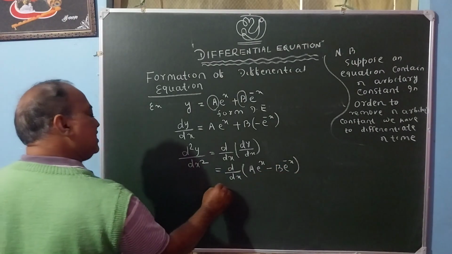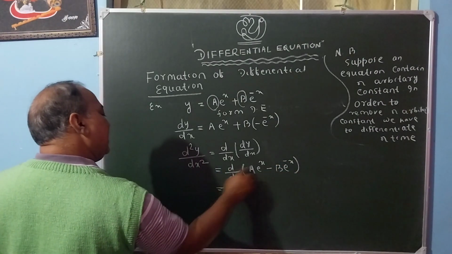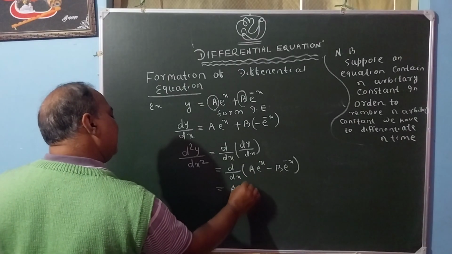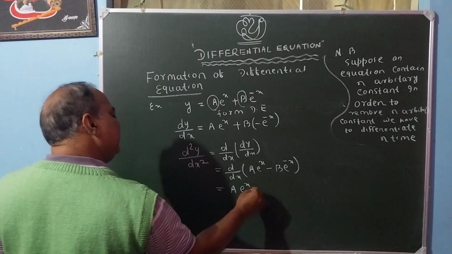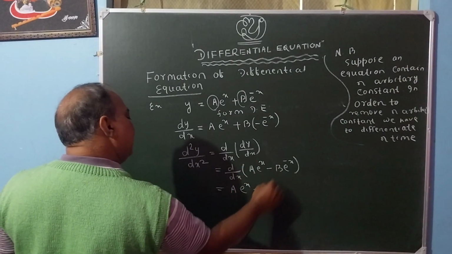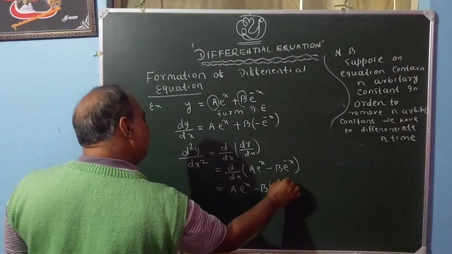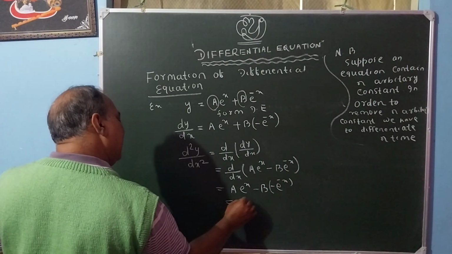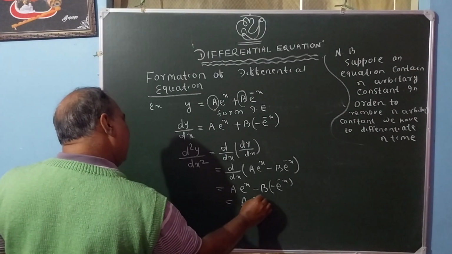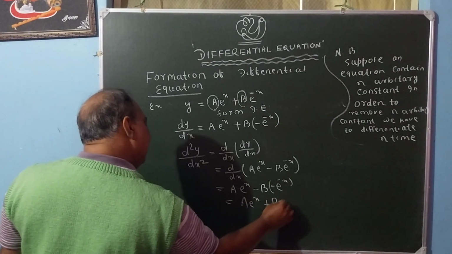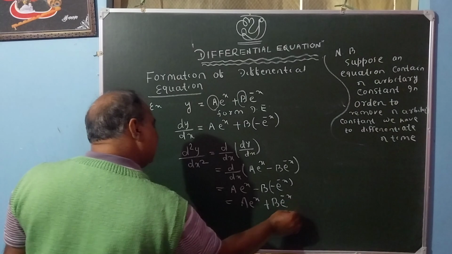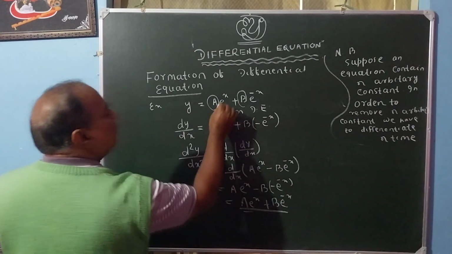So a is a constant that is coming outside, again derivative of e to the power x is e to the power x; minus b is a constant coming outside, derivative of e to the power minus x is minus e to the power minus x. Again we get a e to the power x plus b e to the power minus x. So this is nothing but y.